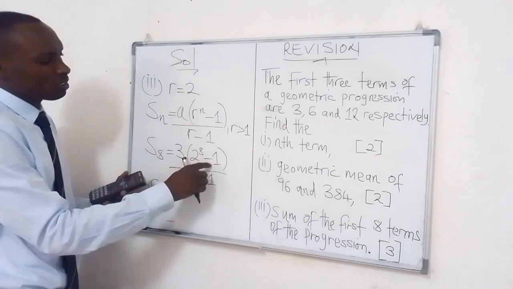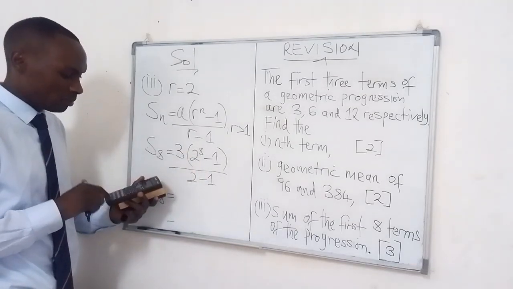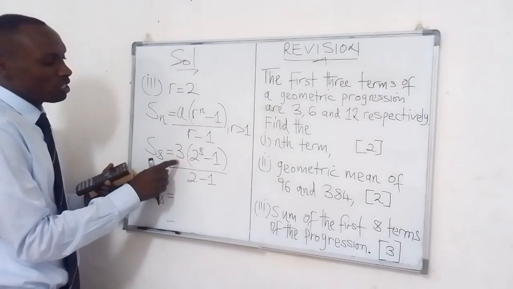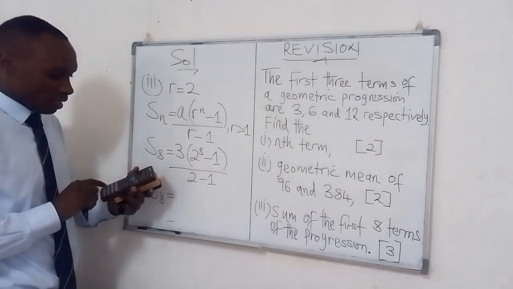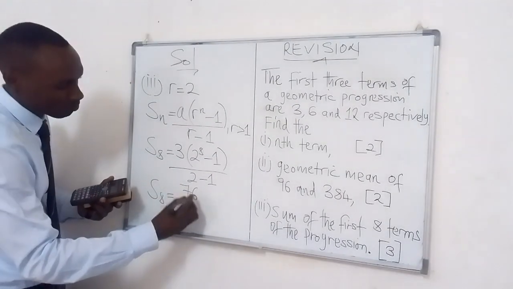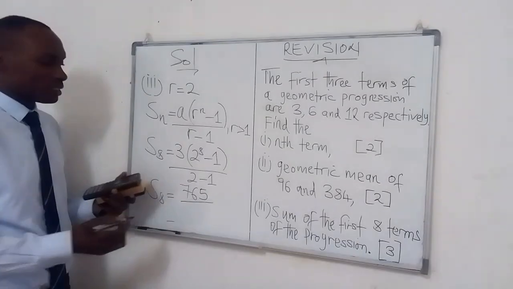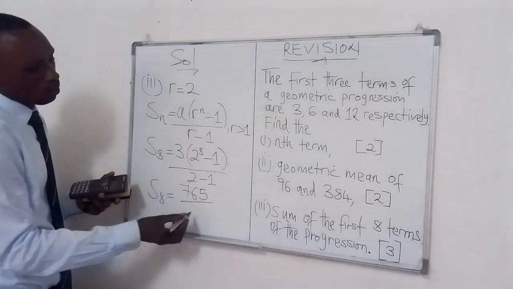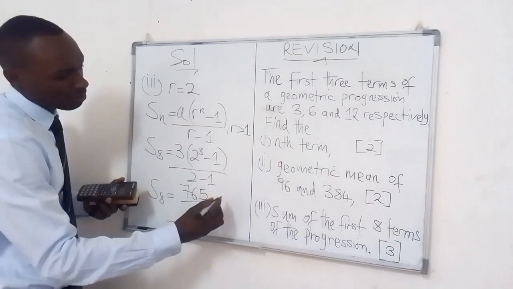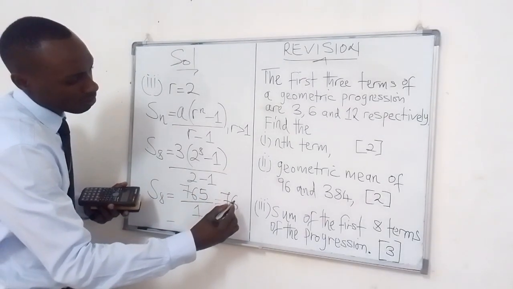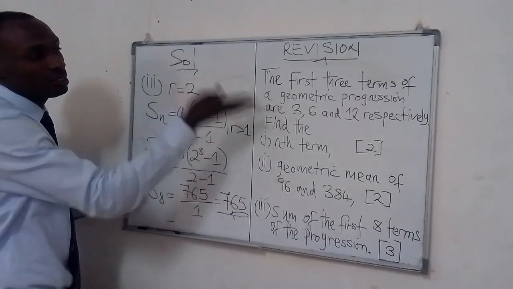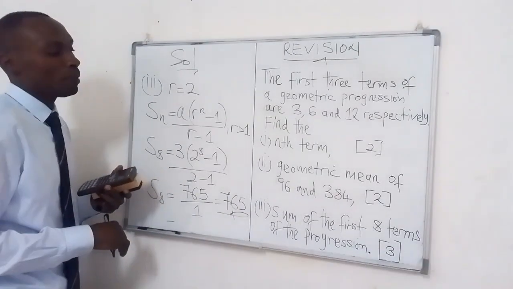Then 256 take away 1 gives 255. Then we multiply that result by 3, so we get 765 for the top part. Below is just 1, and if you divide by 1, you simply get 765. So our answer is 765. Here you can work with a calculator since these questions are given in paper 2.